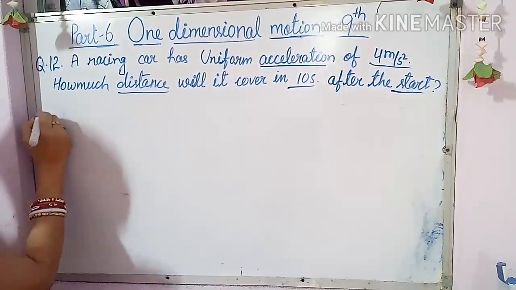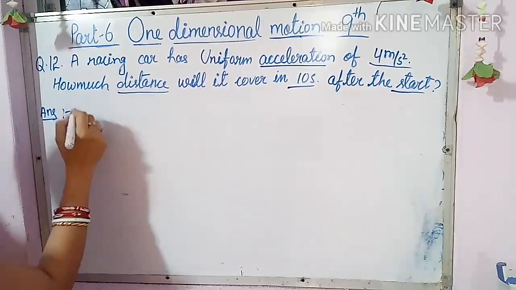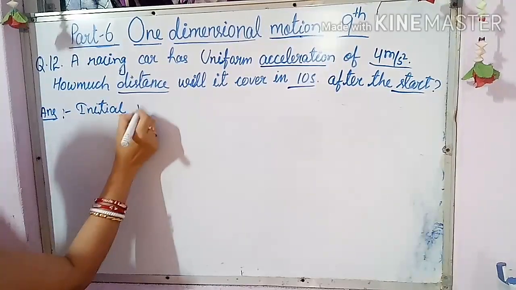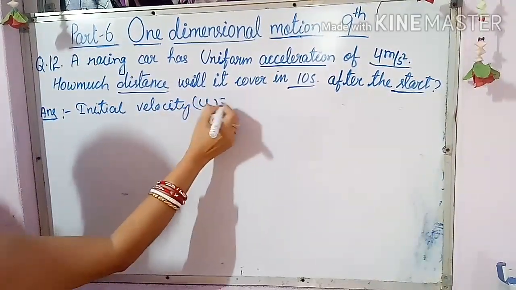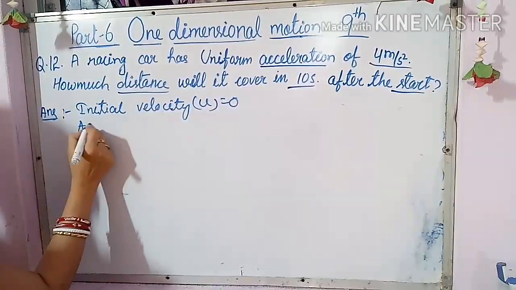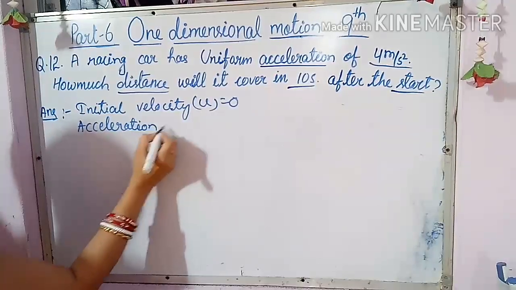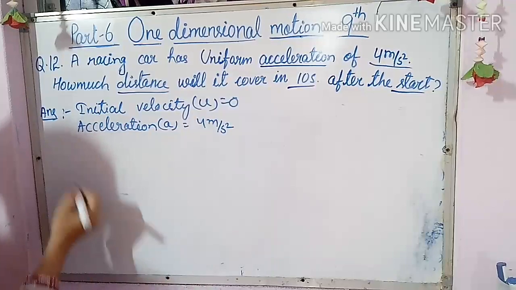Now you can write all of it symbolically in the same way. Initial velocity u equal to 0. Acceleration a equal to 4 meter per second square.